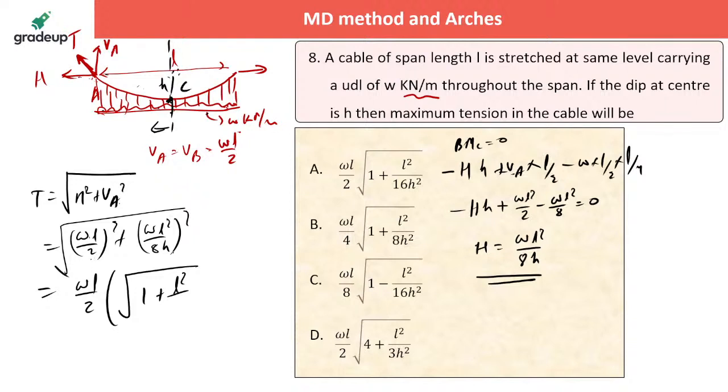You have taken actually 4, so 64 by 4, it will become how much? W square L square by 16H square. That's all. So if you simplify, you will see option A.